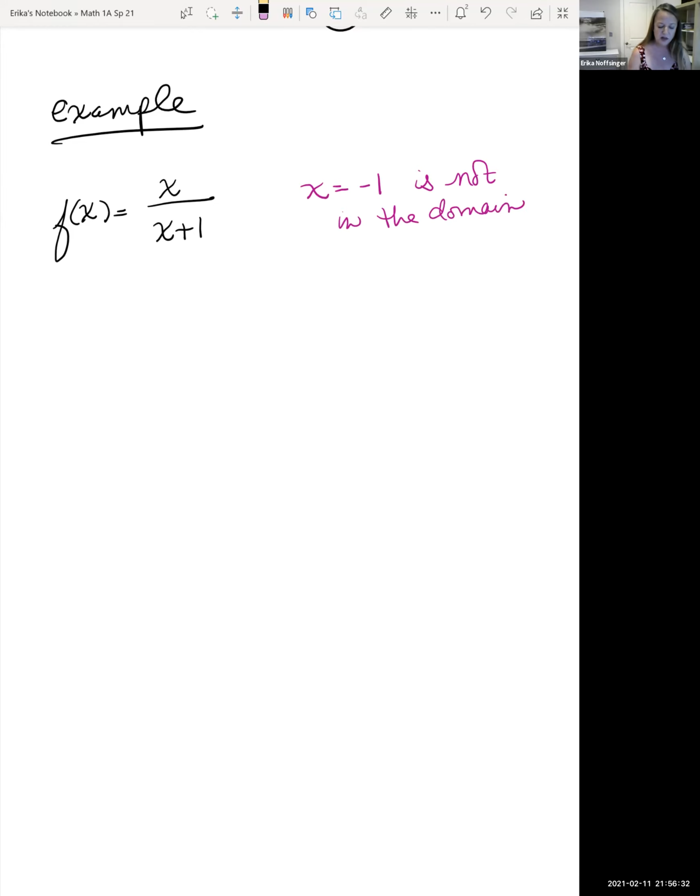And recall that graphically, if you have a value of x which sets the denominator equals 0, it cannot also set the numerator equal to 0. That was a vertical asymptote. So we have a vertical asymptote at x equals -1.